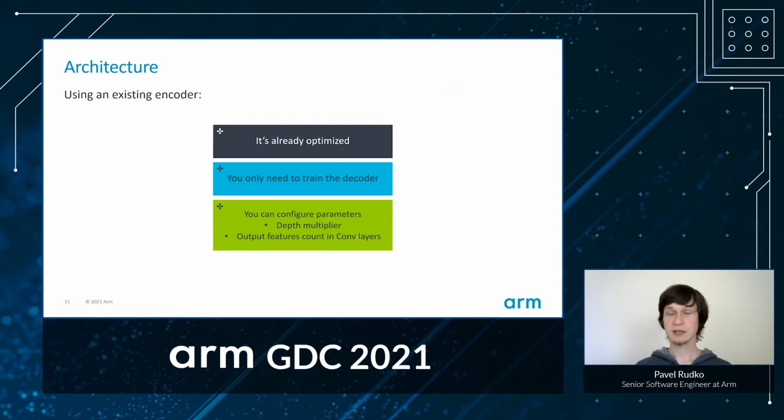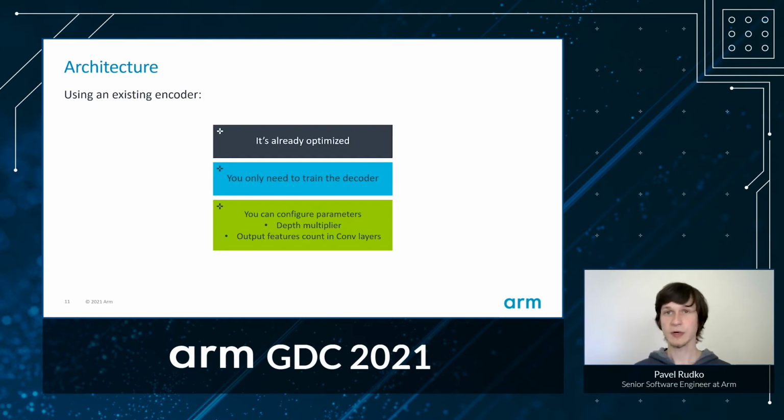When it comes to such architectures, then using an existing pre-trained encoder can be very beneficial because it is already well optimized, and it can also save you a lot of time during the training process because you only need to train the decoder part for your task.